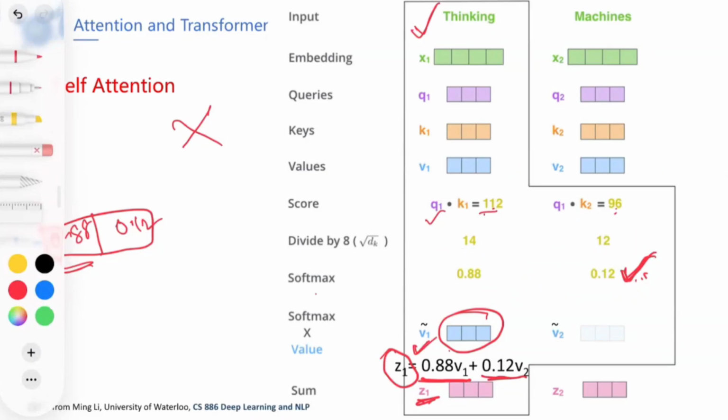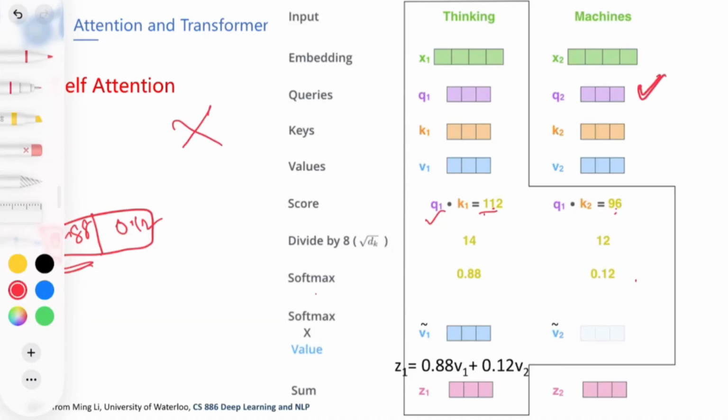So for the refinement of the machine, our query will be Q2, and the query will ask things from all other keys for getting the attention value. So the query will be taken from the machine, and Q2 will be multiplied into K1. You will get this.